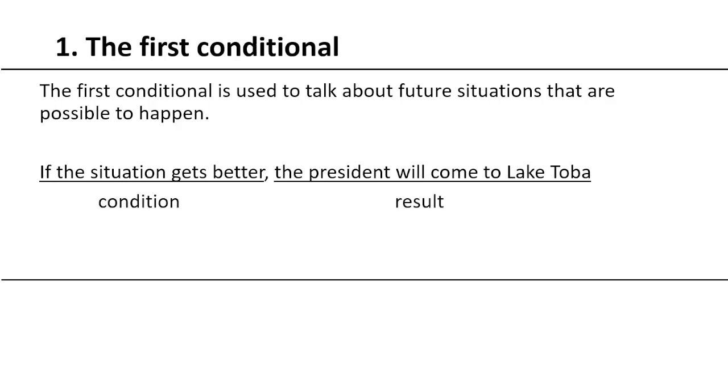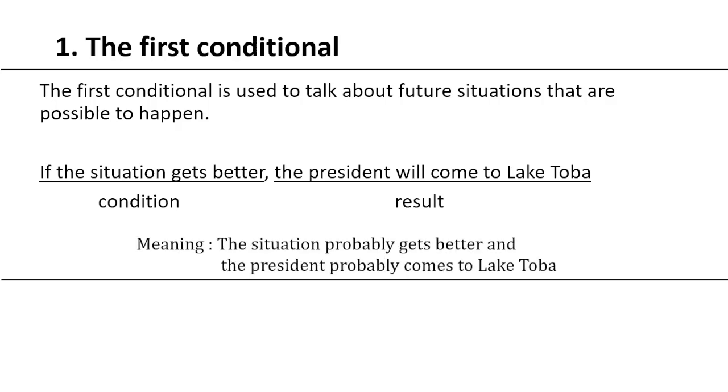Here we have the condition, which is the if clause, if the situation gets better, and then the result clause or the main clause, the president will come to Lake Toba. What is the meaning of this sentence? This means the situation probably gets better. And if the situation gets better, the president will come to Lake Toba. And the president probably comes to Lake Toba. So the situation might happen in the future.